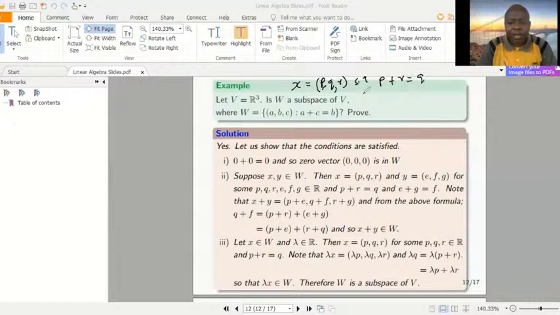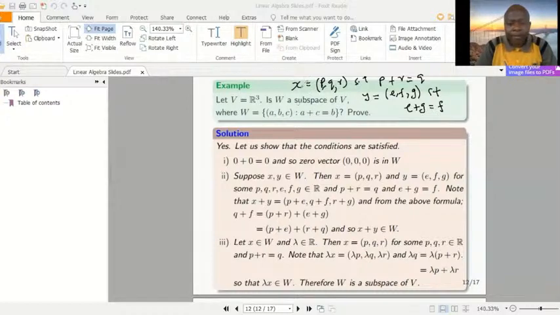I also want to pick a vector Y, which is E, F, G, such that the sum of the first element plus the third element gives me the second element.